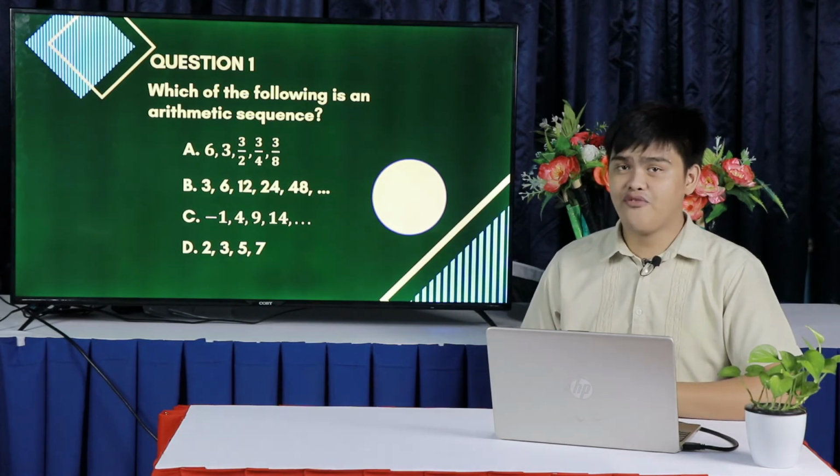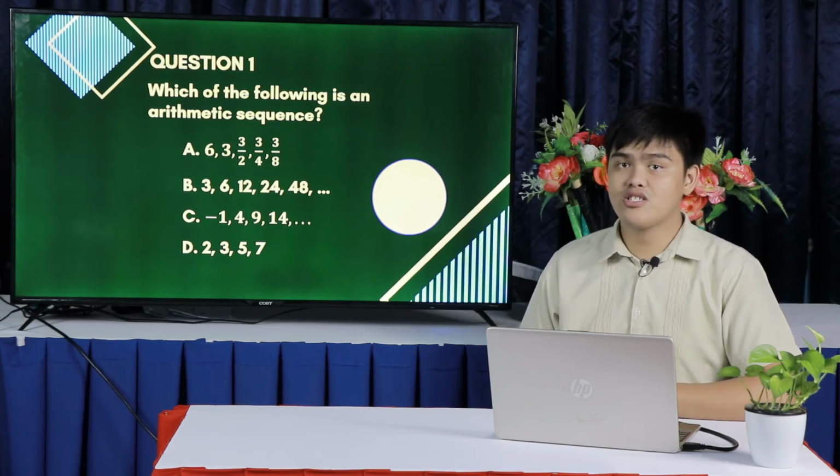Again, which of the following is an arithmetic sequence? A. 6, 3, 3 halves, 3 fourths, 3 eighths. B. 3, 6, 12, 24, 48. C. Negative 1, 4, 9, 14.